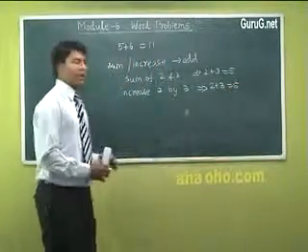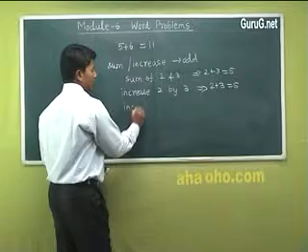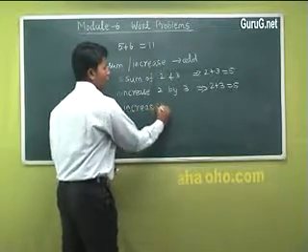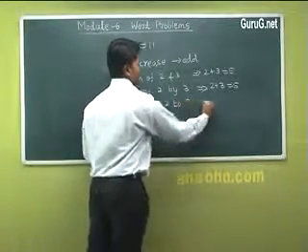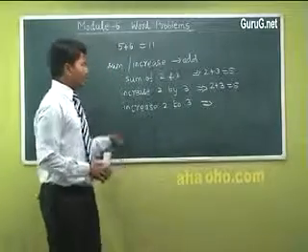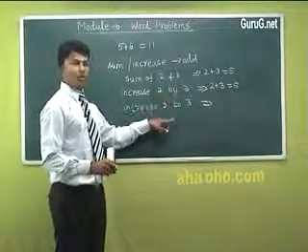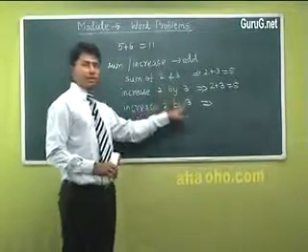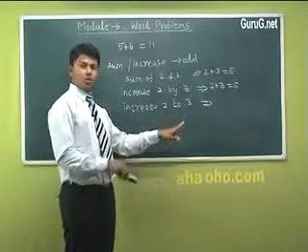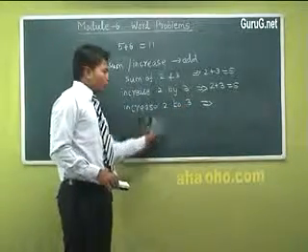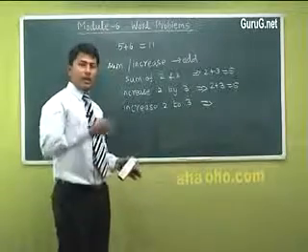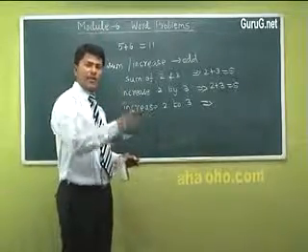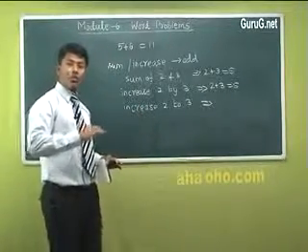Increase 2 by 3. Now what does this mean? Increase 2 to 3. You need to be careful between these two ways of operating. Increase 2 by 3 means add 3 to 2, whereas increase 2 to 3 means increase 2 to the next level 3. You should not add 2 plus 3.